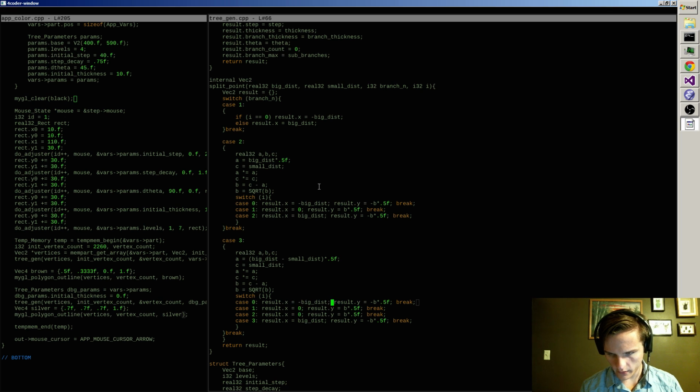So x negative b times 0.5, perfect. X and negative b times, yep, so that's correct. Now the question is, what is the x position of that? And the answer would be that it's minus half of a small distance, or negative big dist.